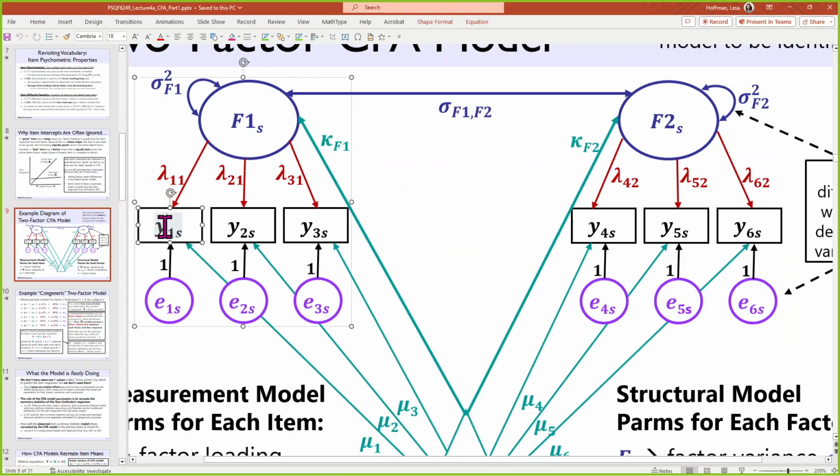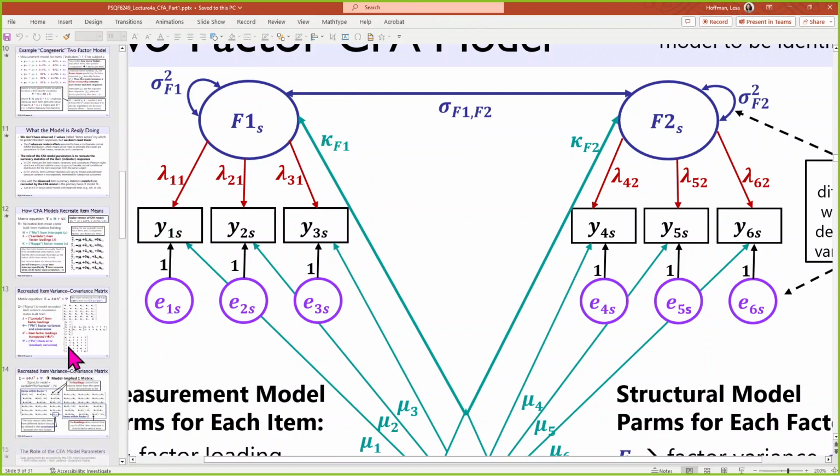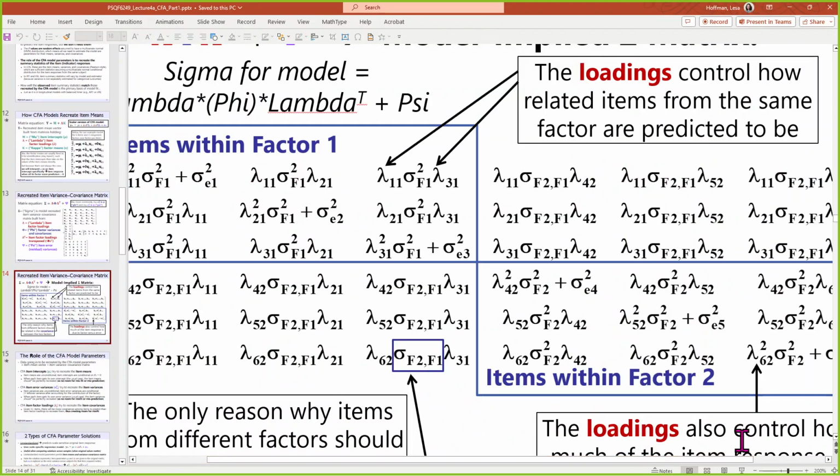Basically, if you want to know how related items 1 and 2 are, you take this loading, go up here, and take that loading and come back. Same thing if I wanted to know items 1 and 6, I start here, take that, take the covariance, and then take that. So the picture helps to tell you what the pattern is. Go back to this, there we go.